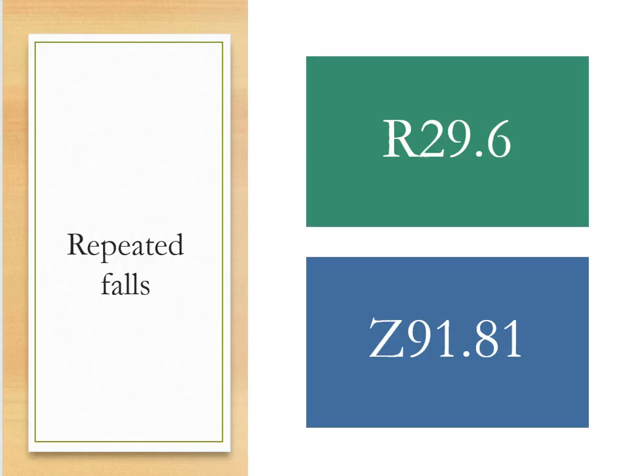All right, enough about signs and symptoms. Let's go to repeated falls. We have a code R29.6 for encounters when the patient has recently fallen and the reason for the fall is being investigated. We also have code Z91.81.